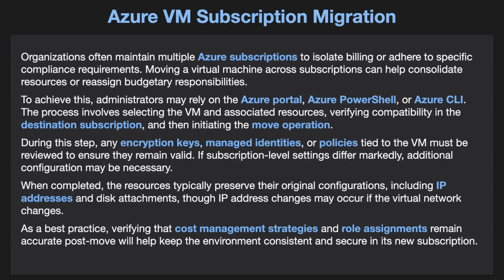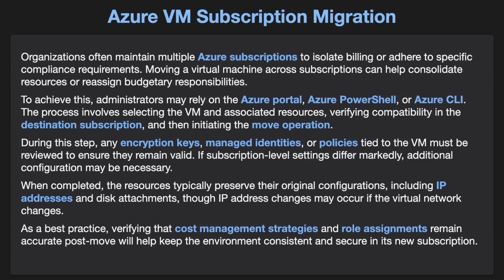Organizations often maintain multiple Azure subscriptions to isolate billing or adhere to specific compliance requirements. Moving a virtual machine across subscriptions can help consolidate resources or reassign budgetary responsibilities. To achieve this, administrators may rely on the Azure Portal, Azure PowerShell, or Azure CLI.